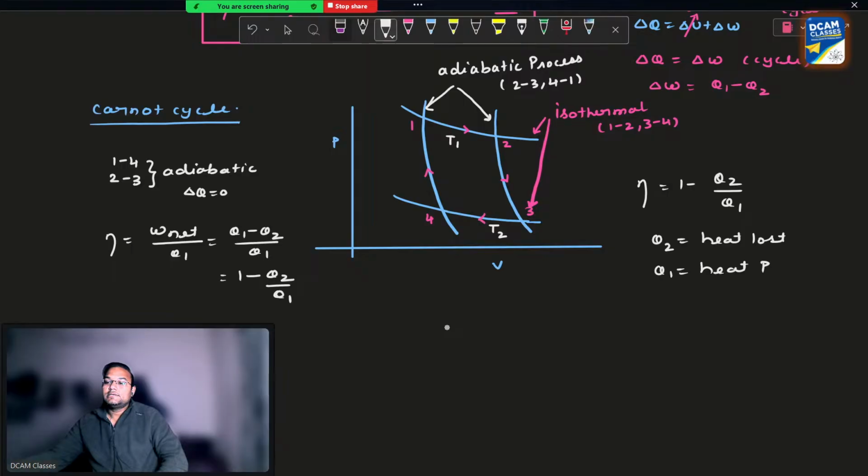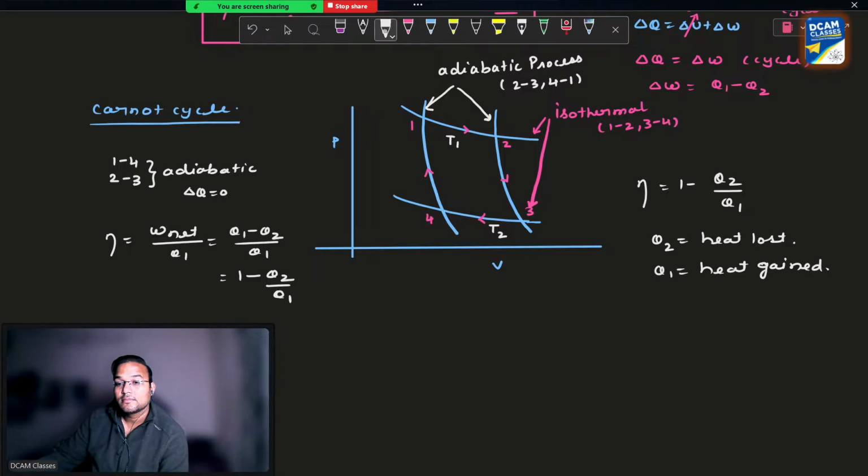But in this process, of 1 2 and 3 4, which process is losing heat and which process is gaining heat? I guess Q1 is gaining the heat and Q2 is losing the heat. Which process? Process 1 2 is absorbing the heat, or process 3 4 is absorbing the heat?